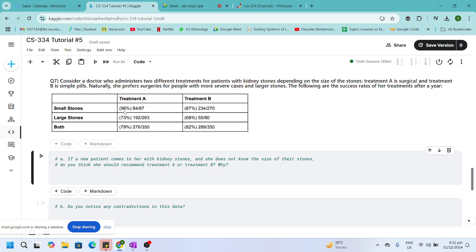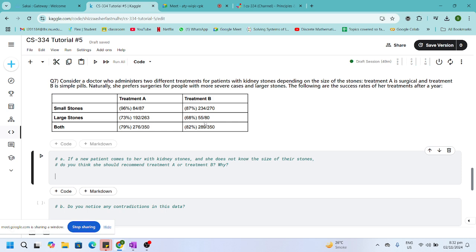So treatment A performs better on small stones. And at the same time, even for large stones, treatment A performs better than treatment B. So for large stones, treatment A performs 73% and treatment B's performance is 68%.